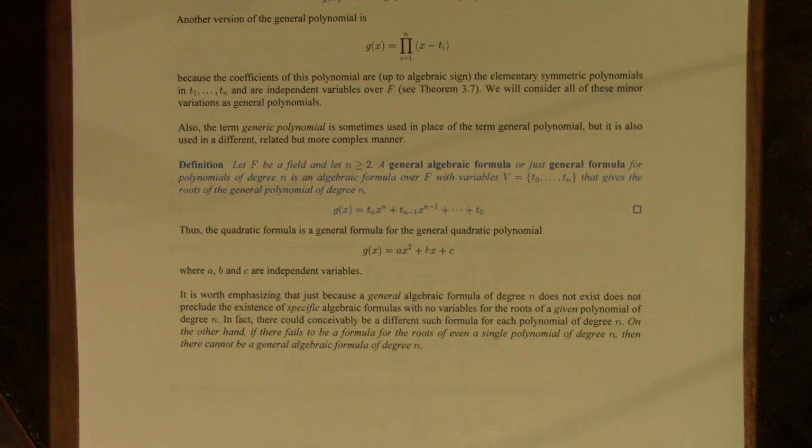So, I defined for you earlier the concept of an algebraic formula involving the construction sequence, and then I defined the general polynomial. So now I can define the general algebraic formula as an algebraic formula for the roots of the general polynomial.